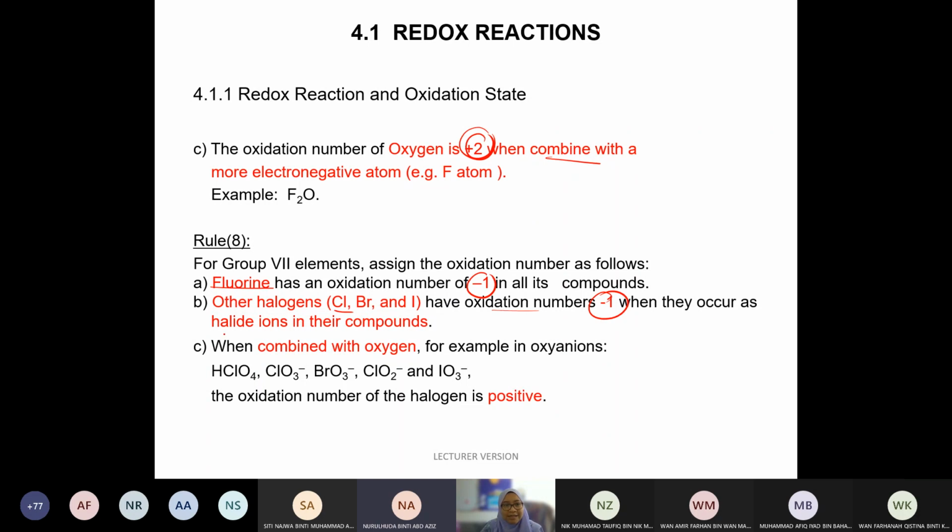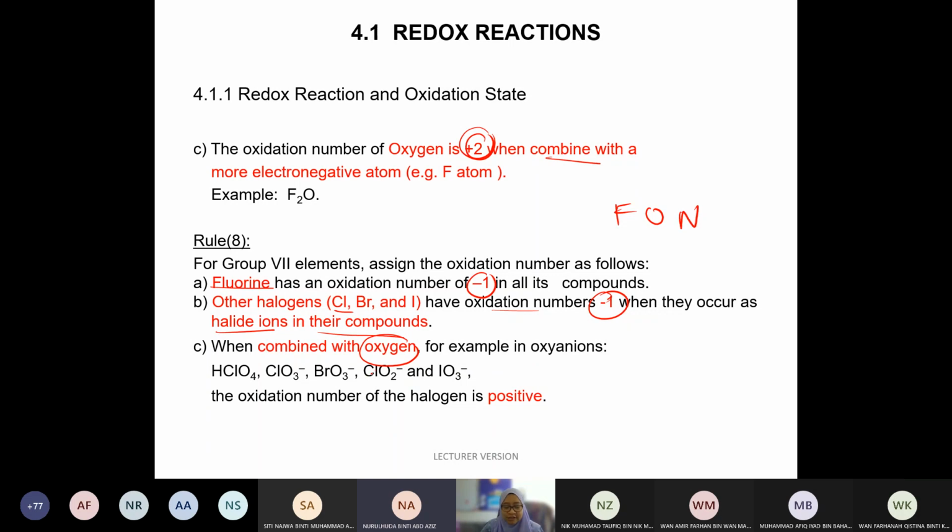When they occur as halide ion in their compound, normally these three will carry the negative oxidation numbers. Tapi again dia depends dengan siapa dia combine. When they combine with oxygen, dia kalah lah. Because oxygen, dia bawah fluorine.